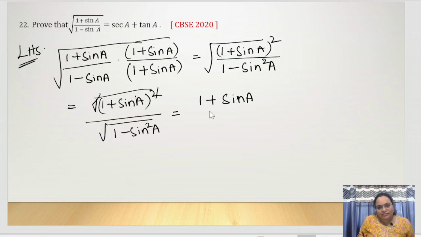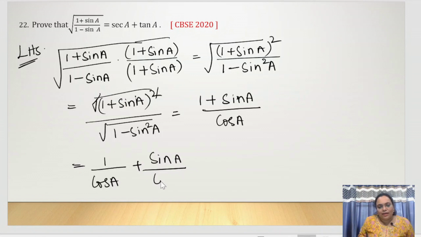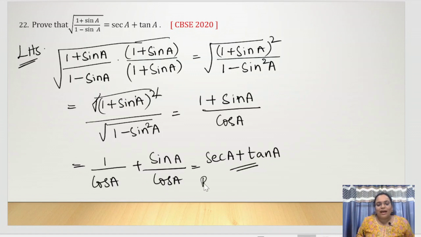So 1 plus sine A, and root of 1 minus sine square A is cos A. Okay, so I'm just dividing cos A to both the terms in the numerator, which is 1 by cos A plus sine A by cos A, which is, 1 by cos is secant, secant A plus tan A. Sine by cos is tan A. Okay, this is what our RHS is. Hence proved.